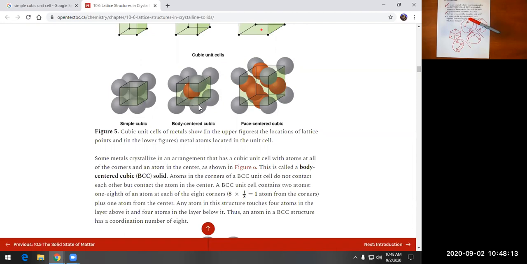So you only need to use the diagonals when the diagonals are what gives you the relationship between r and a quantity related to the size of the unit cell. In the case of simple cubic, you don't need to.